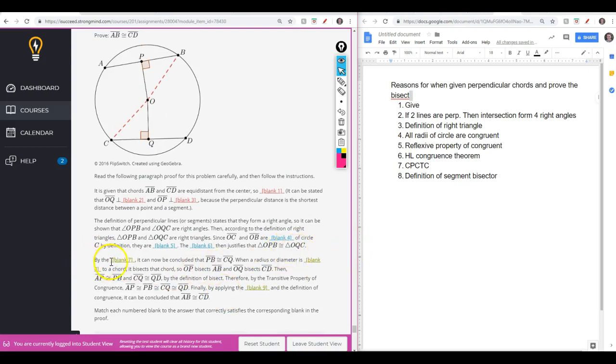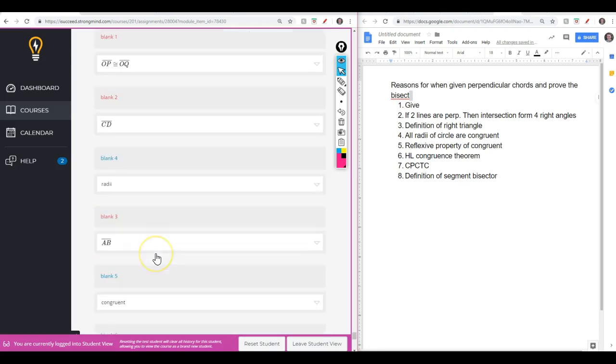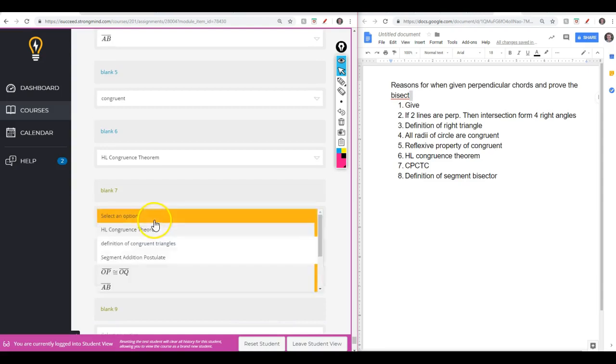So now by the blank, it can now be concluded that segment PB is congruent to segment CQ. Well, we just showed that two triangles were congruent. So by congruent triangles is what I would be leading towards. So I'm going to see if that's an option.